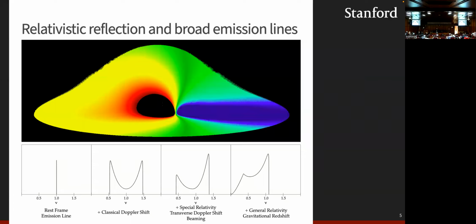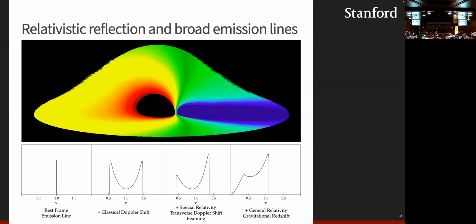There's a second effect in special relativity, and this is the effect of relativistic beaming. If I have something moving towards you, the aberration of the angles as measured by the emitter and by us means that, even though this material thinks it's emitting its light equally in all directions, we will measure that light being emitted preferentially in the forward direction of motion.